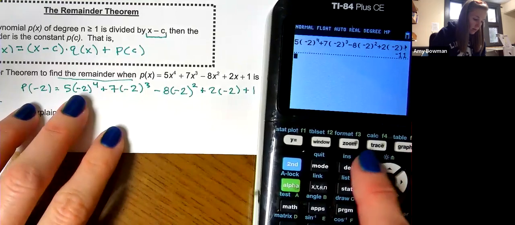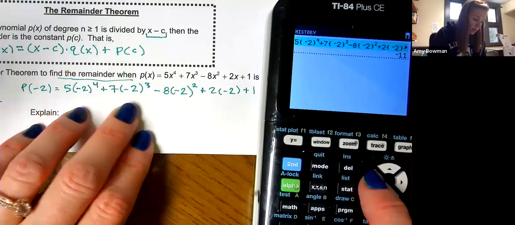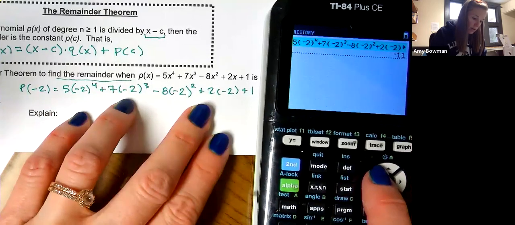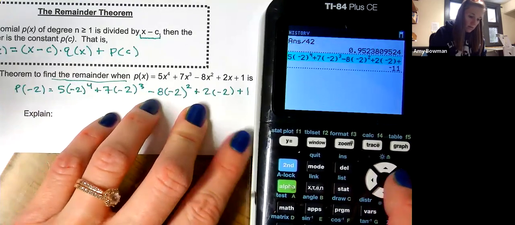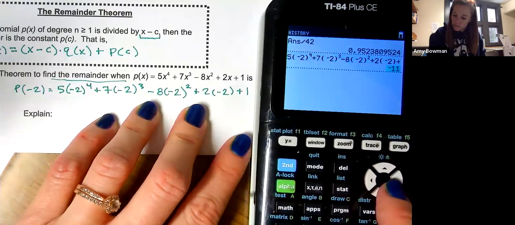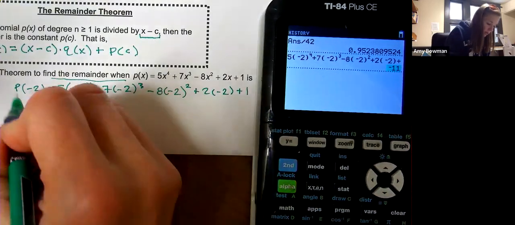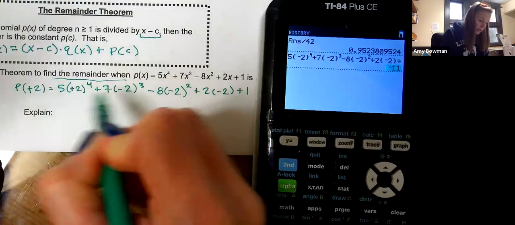What did I miskey? A perfect example. Where's my plus 1? Oh my gosh, I should be plugging in +2. What is wrong with me? Okay, hopefully you guys figured that out before I did.